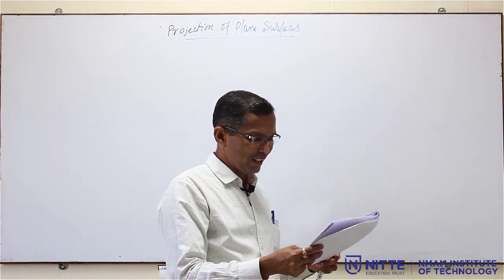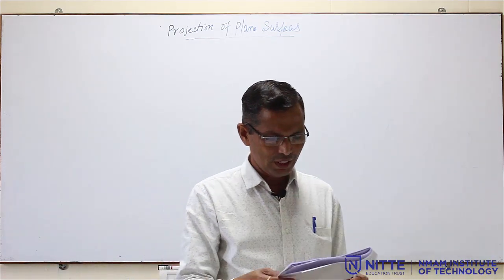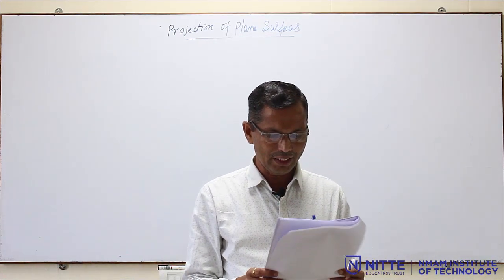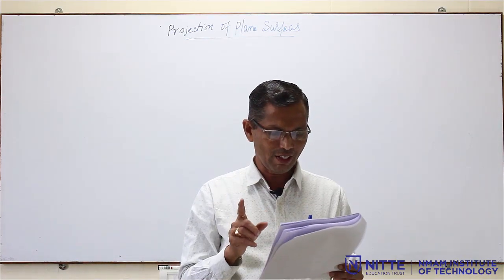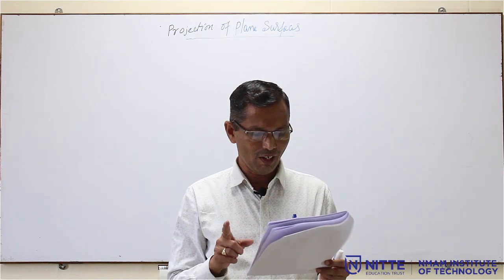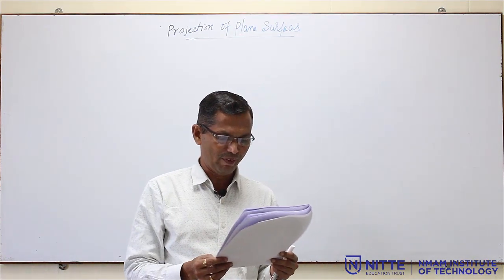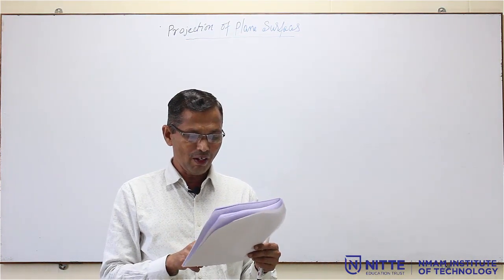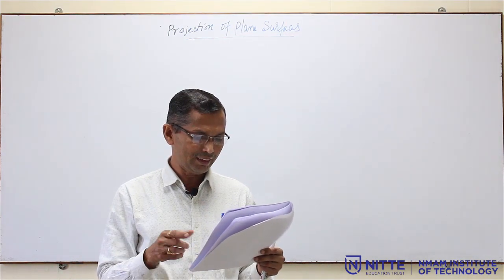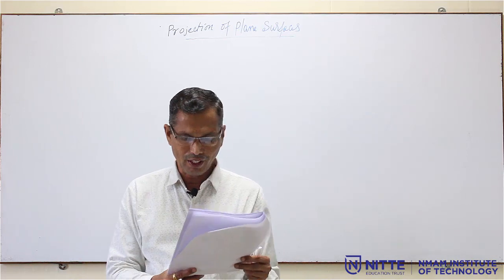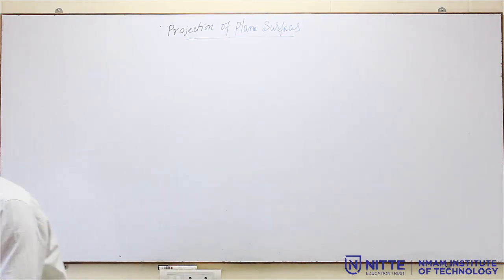A hexagonal lamina of 30 mm side is lying in such a way that one of its sides touches both the reference plane. If the side opposite to this side on which it rests is 35 mm above HP, draw the projections.